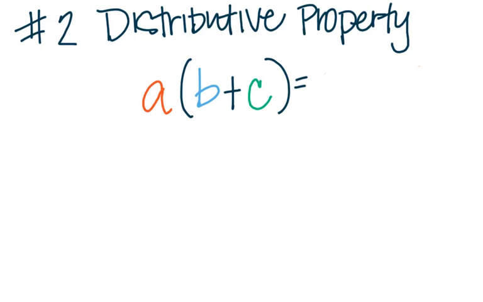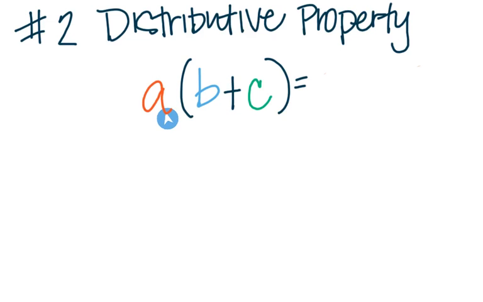All right, the second part of the lesson is distributive property. Distributive property, remember, is when we have a number or a variable sitting next to parentheses, meaning that it's being multiplied by the items inside the parentheses.